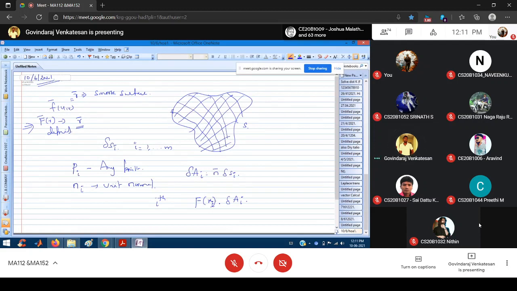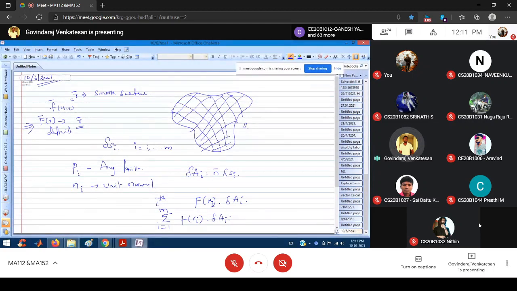Okay. So I have m number of regions, so I am making the summation, i equal to 1 to m, of F of ri dot product with delta Ai.